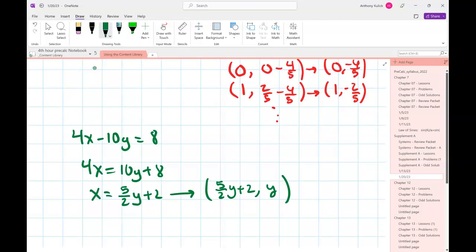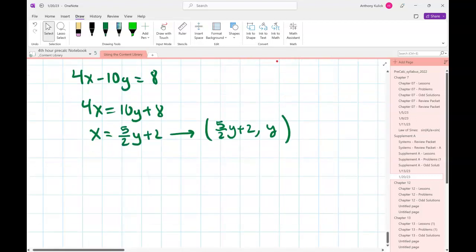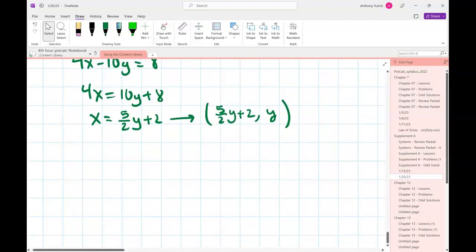This would also be an acceptable general solution. It would work the same way: as I pick values for y, I could then generate values for x with those choices. Does that feel okay? This gets a little bit more complicated in 3 variables. But we'll deal with that and see some examples when we get to 3-variable systems. Okay? Well, not today, but eventually, next time.